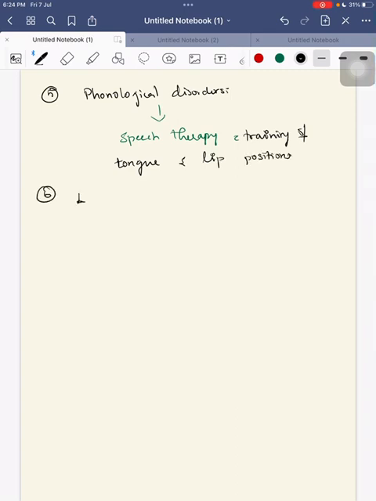Sixth, when the child presents with Landau-Kleffner syndrome, as I told earlier, the treatment is you give anti-epileptics and steroids.